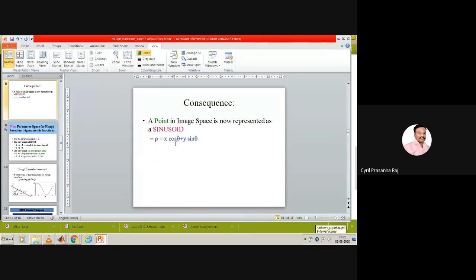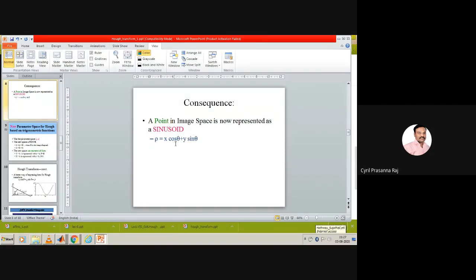Every single point in an input image corresponds to a sinusoid in the parameter space, or in the Hough transform.